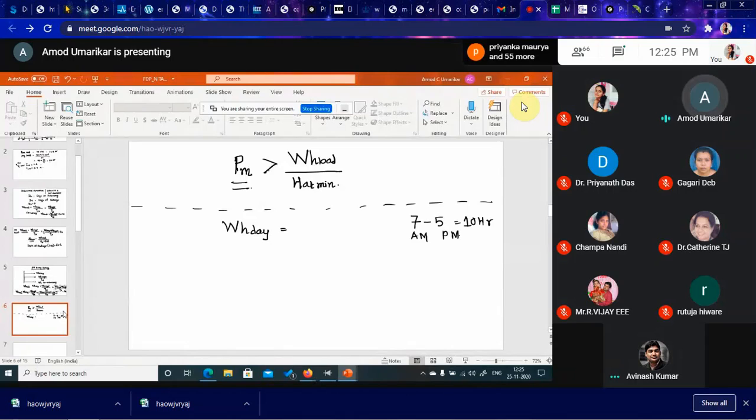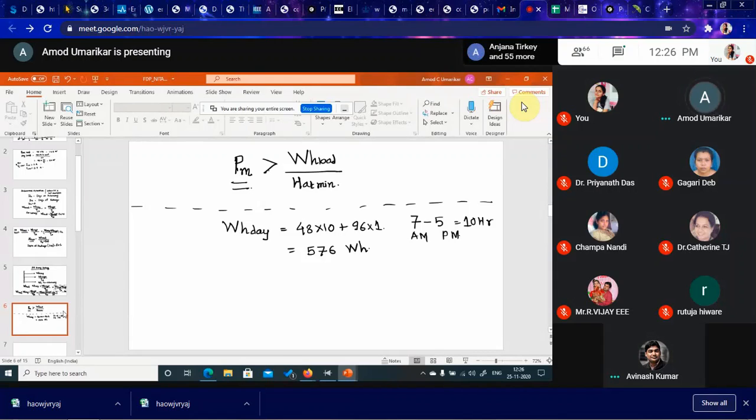So WH day is 48 multiplied by 10 plus 96, 1 plus 1 into 1. So 480 plus 96, it will be 576 watt hour.